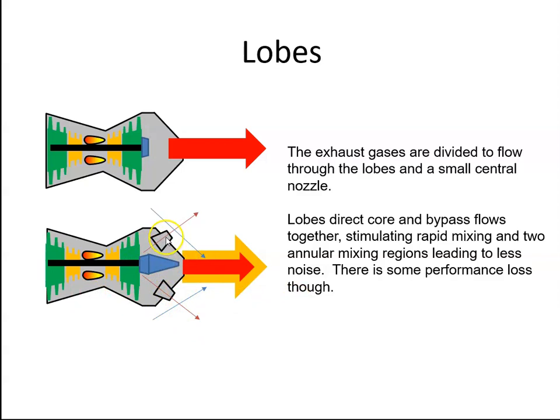The air that comes out through the lobes mixes with bypass air, or air coming around the engine here. So this fast moving air and slow moving air mix, and that creates this second annular mixing region. So the shear is reduced, and therefore the noise is reduced.